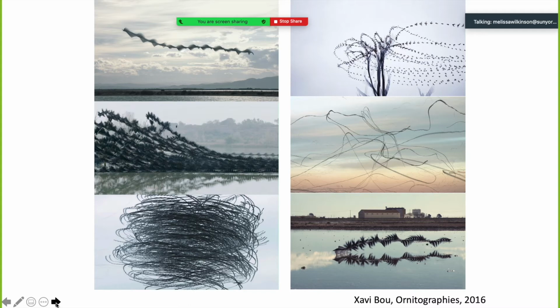And what these are actually photographs where the aperture is set for so long so that the lens is left open in order to capture all of these images that essentially capture the movement of a school of birds. And they begin to become very, very pattern-oriented and very, very beautiful.